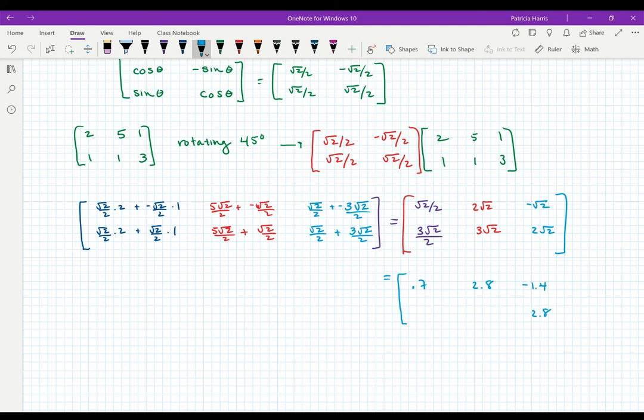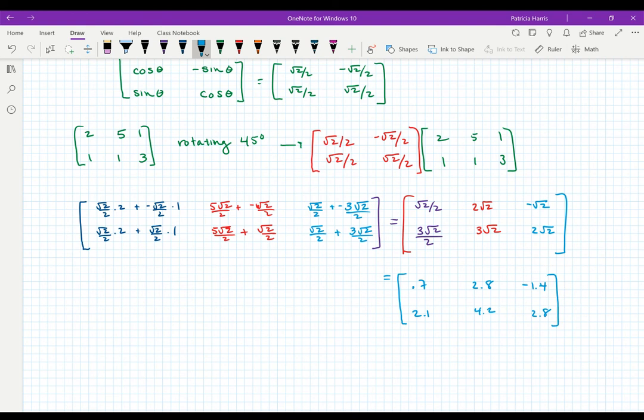Negative 1.4. Kind of doing these out of order. I apologize. We'll do 4.2. And then last one, 2.12.